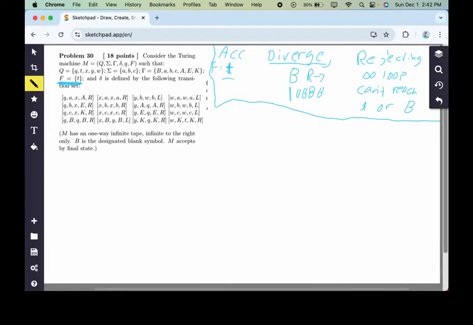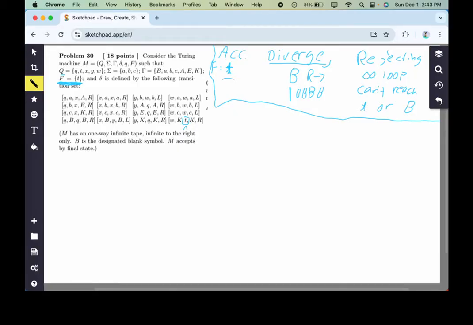Now, we also have some more symbols here. Stuff to keep in mind. We have more states. We have a Q state, an X state, a Y state, and a W state, and a T state. Where is our T state? Over here.